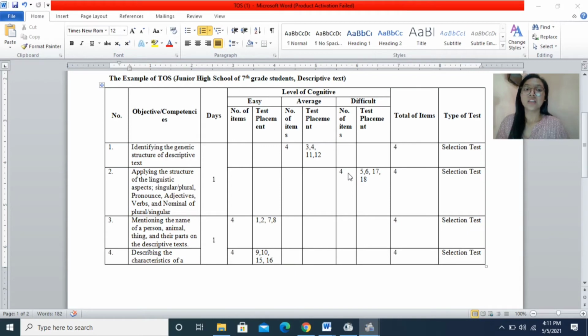The level of cognitive in objective number 2 is difficult. We put the task numbers randomly, such as number 5, number 6, number 17, and number 18. So the total of task items is also 4, with the type of task also a selection task, where we will give students multiple choice too.